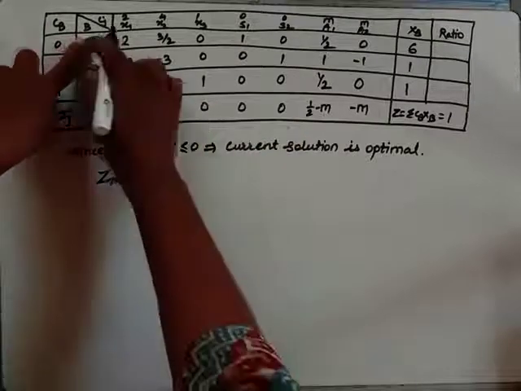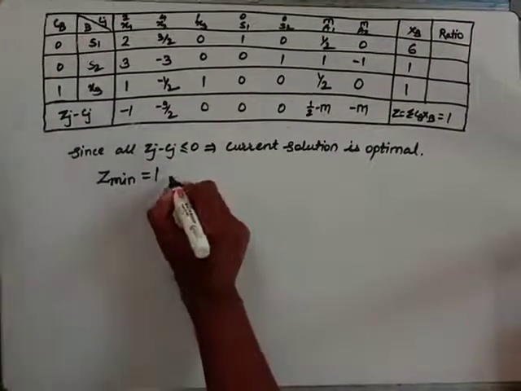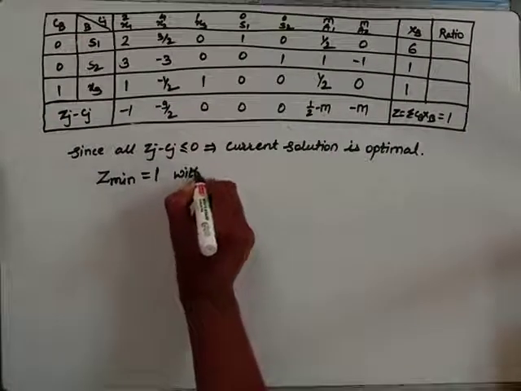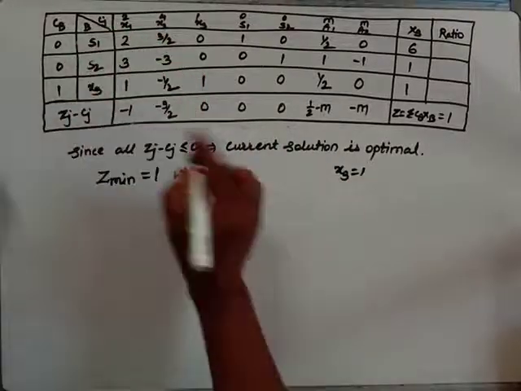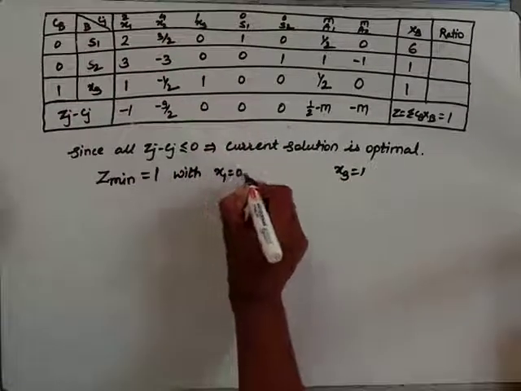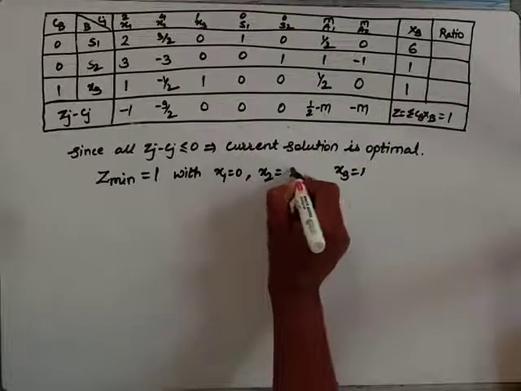Now no need to write down the value of S1, S2. X3 is what here? X3 is 1. But X1, X2 are not in the basis, means X1 is equal to 0 and X2 also 0.